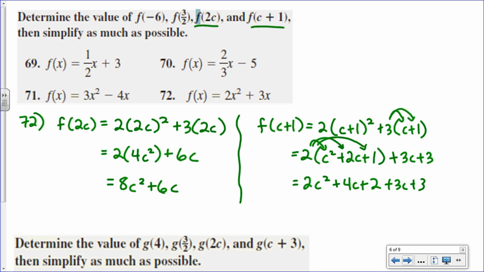So that's why we multiply this one out, because we end up having like terms that we can combine and simplify. So 2c squared plus 7c plus 5.